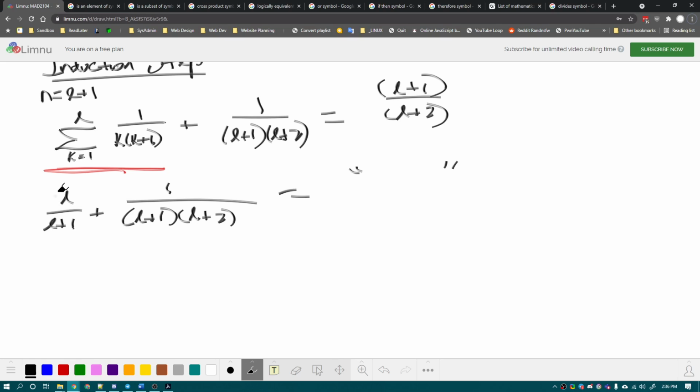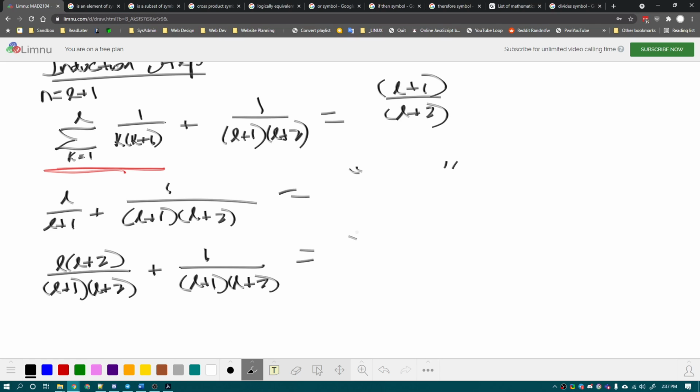So I have to multiply top and bottom by L plus 2 here. So that's L plus 2 over L plus 1, L plus 2, plus 1 over L plus 1, L plus 2. Double quotes again.